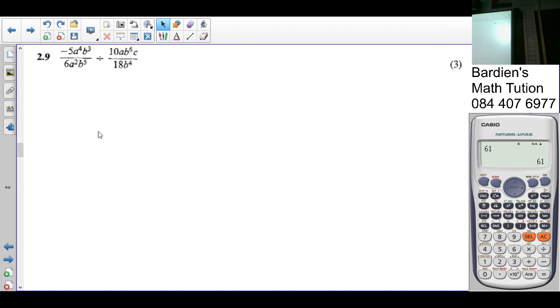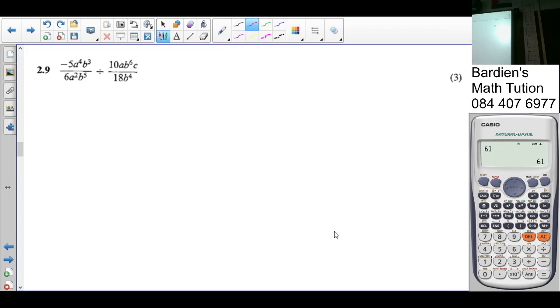3.9. What needs to be done first in pursuit of simplifying it? What do you want to do first?